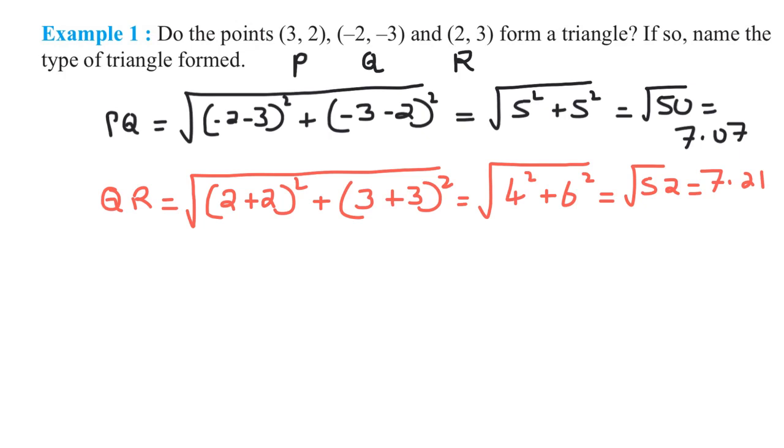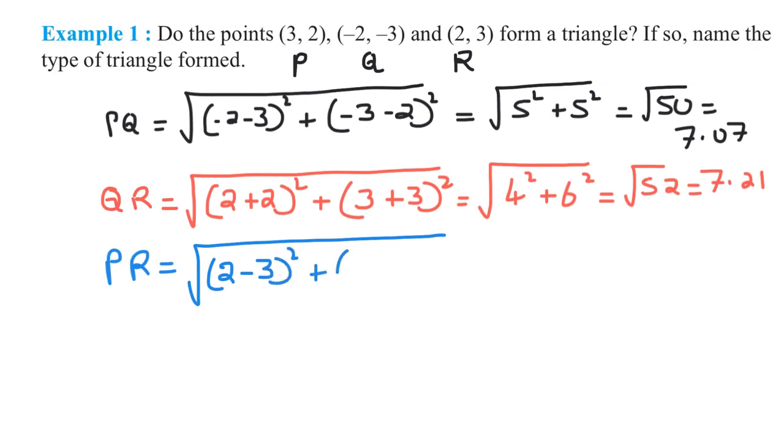Now, let us figure out what is PR. PR, when we are taking these 2 points, then this is x1 y1, this is x2 y2, and we can use it in the distance formula. So, square root of x2 minus x1 the whole square, 2 minus 3 the whole square, plus y2 minus y1 the whole square.